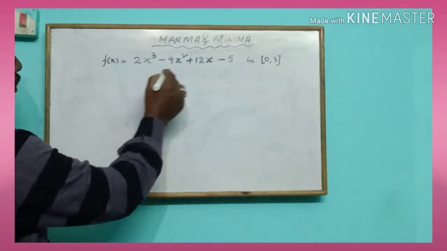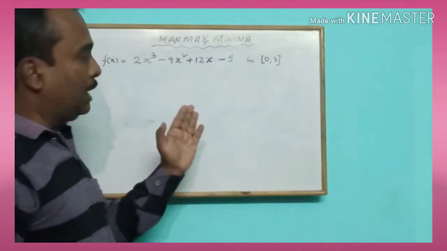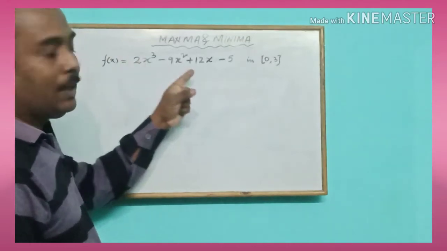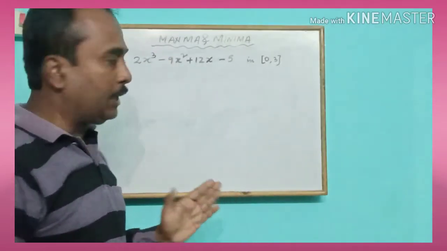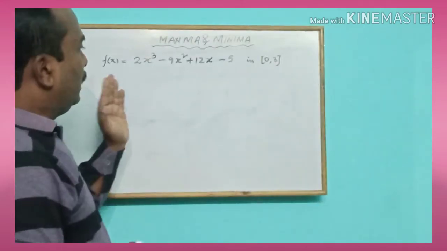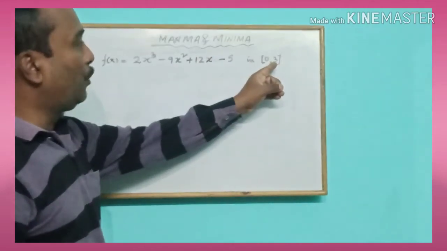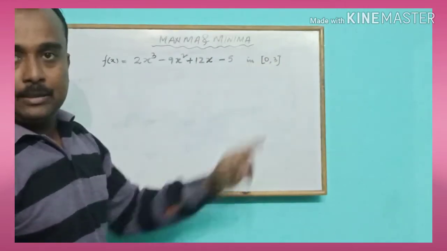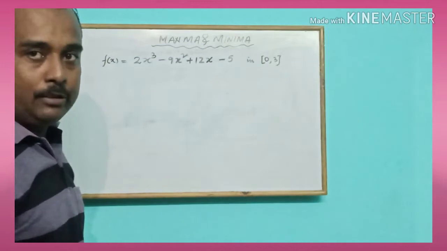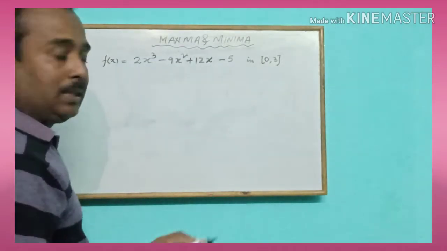Now, the working rule for calculating the absolute maxima and absolute minima is, first of all, we will find the first order derivative and equate it to 0 to get the turning points. Then find the value of f(x) at the two endpoints as well as the turning points, and then compare. Whichever is the highest will become the absolute maxima, and whichever is the lowest is the absolute minima.